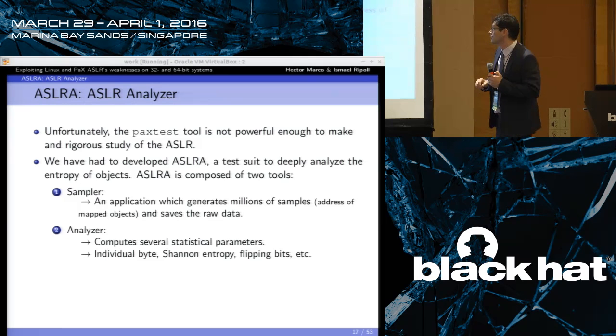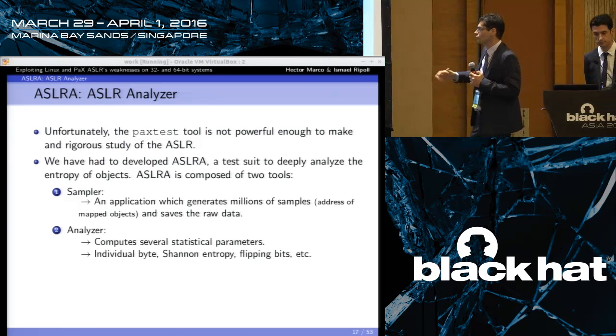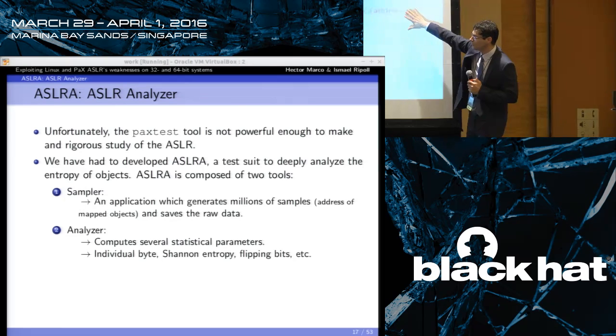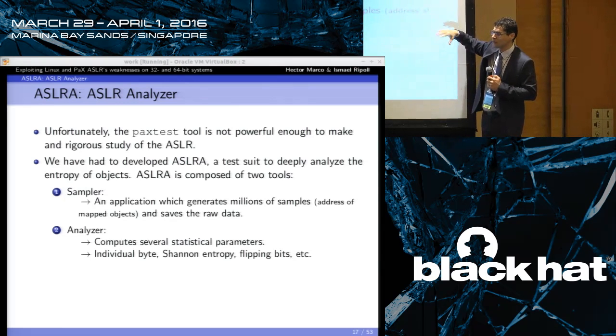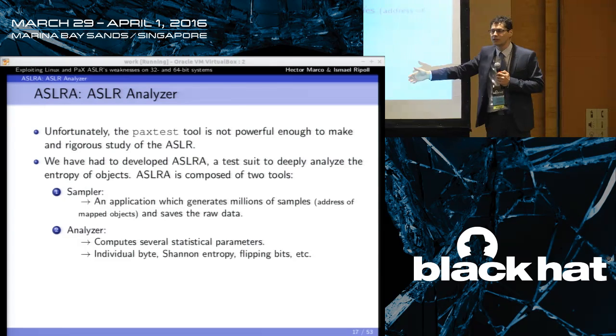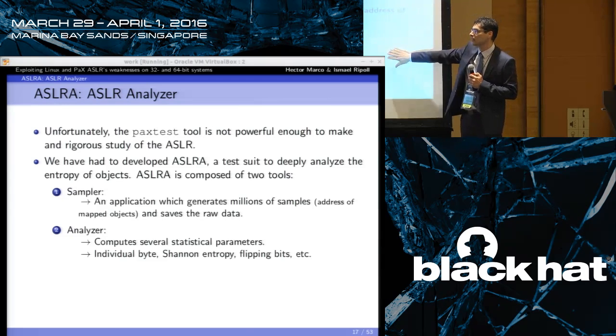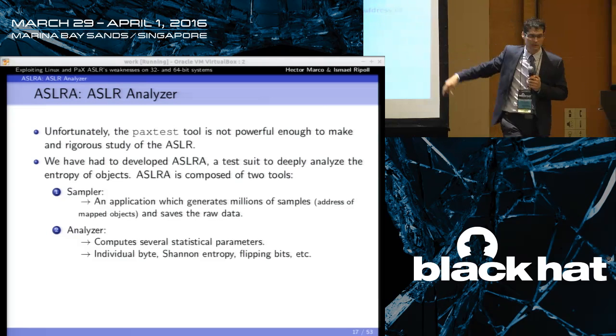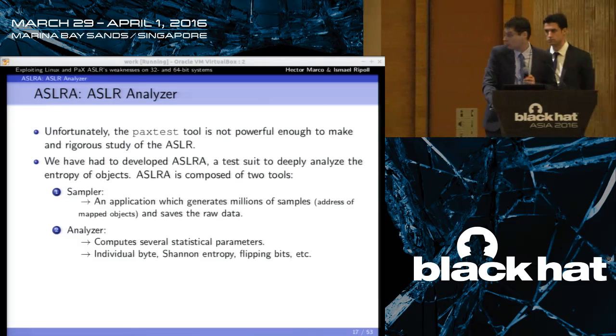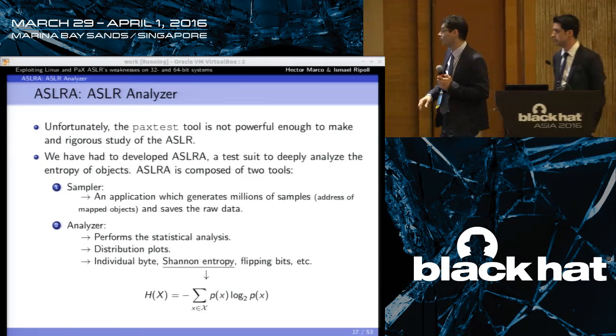So we needed a much more powerful tool. We developed a tool with two elements: the sampler, which collects a lot of data, a lot of addresses, a lot of information about the layout of a process, and the analyzer, which computes several statistical parameters, individually.